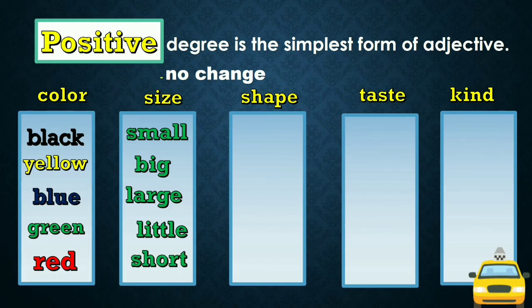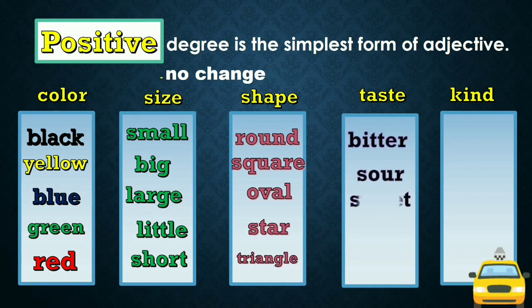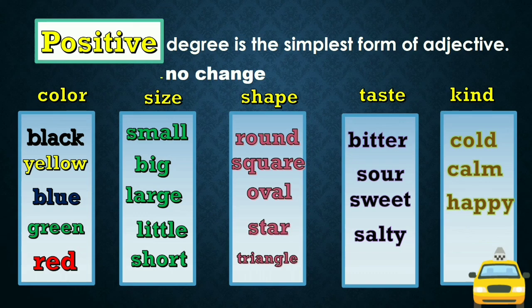How about shape? Round, square, oval, star, and triangle. How about taste? Bitter, sour, sweet, salty. And kind: cold, calm, happy, and angry.